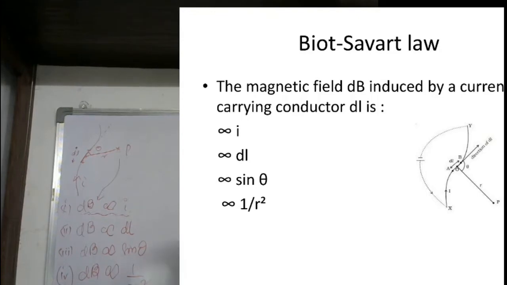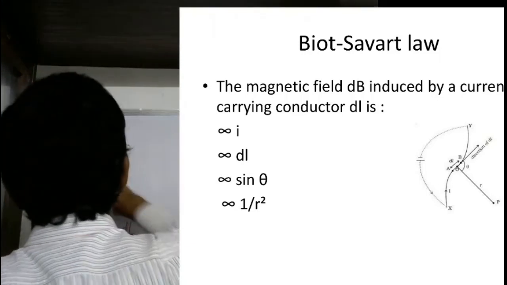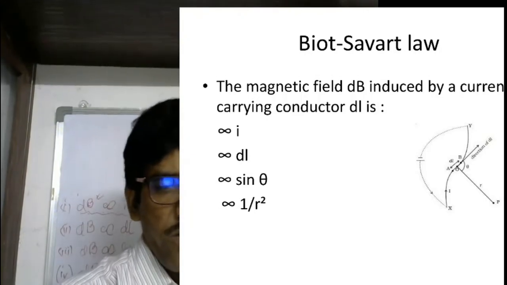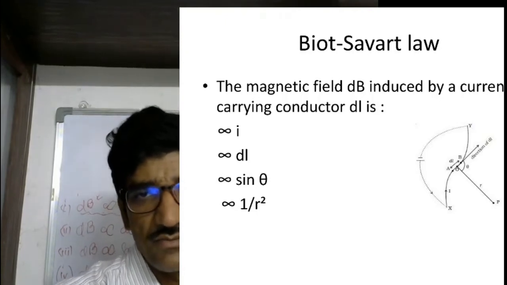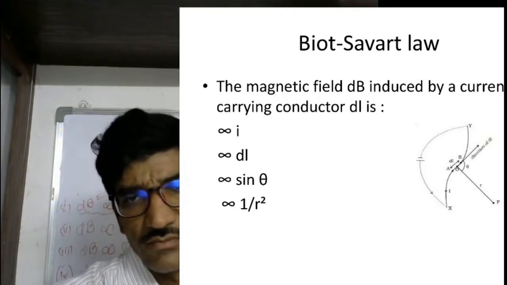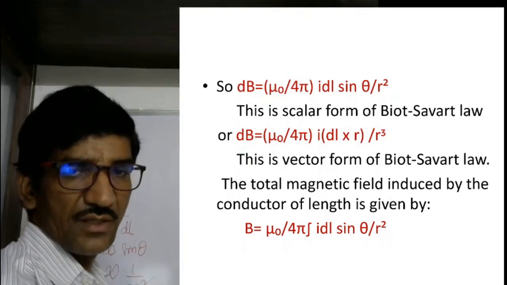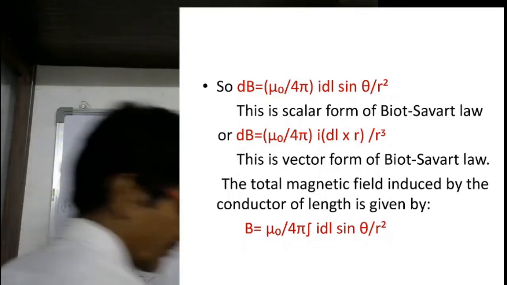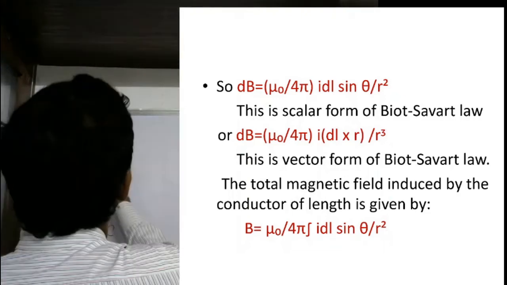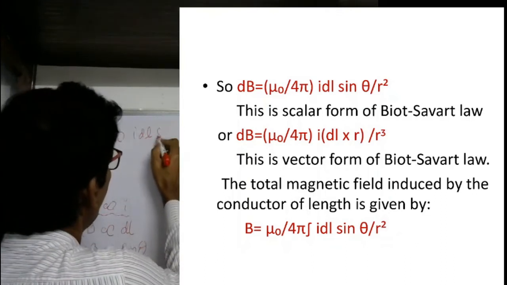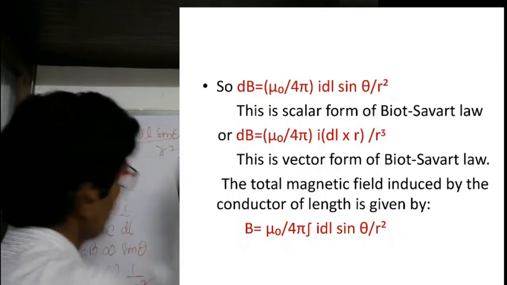So if you sum up all these things into a single formula, you have dB proportional to I dl sine theta by r square.